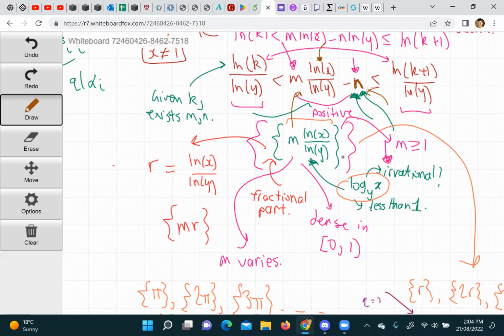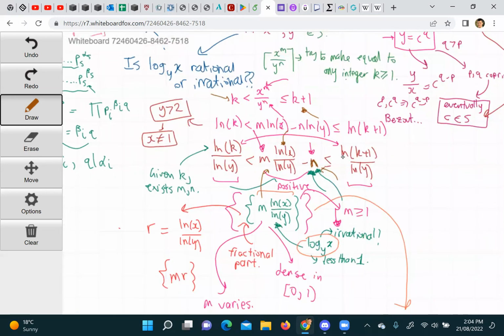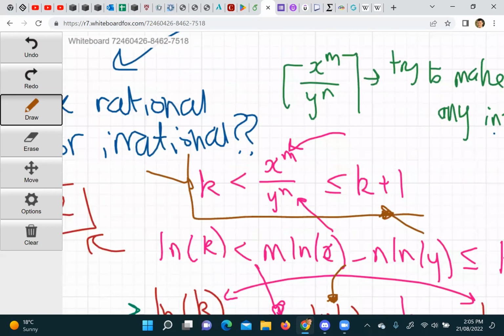And then use n to kill the excess integer part. You travel a certain interval, but when you reach the end of the main interval, it wraps around, and there has to be one of them that's at most half of the original interval. So you can keep partitioning by 2 to get arbitrary precision.